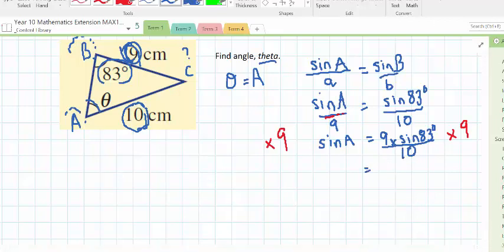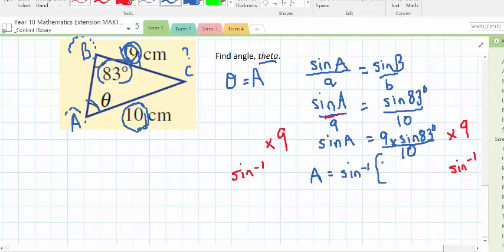So we do the right hand side, get our calculator and crunch that. Or you could not crunch it yet, you could just go, well, I need to do the inverse sine now as my next step to both sides. Apply inverse sine to both sides, and so the left hand side would be A. Inverse sine of sine A is just angle A, which is what we're trying to find, and that would be the inverse sine, put in brackets, of what we had on the previous line.